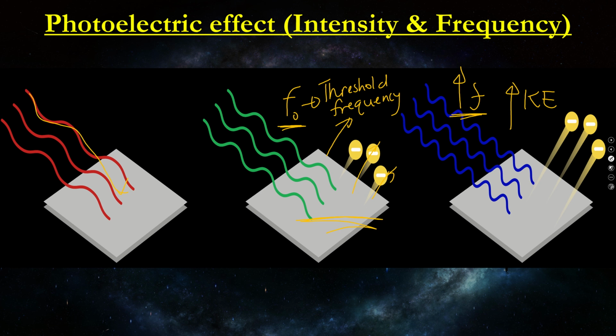If you go beyond what's required, then all that gets transferred into the kinetic energy of these electrons. The actual formula we can show is given as E equals hf. But we'll talk about that in a bit more.